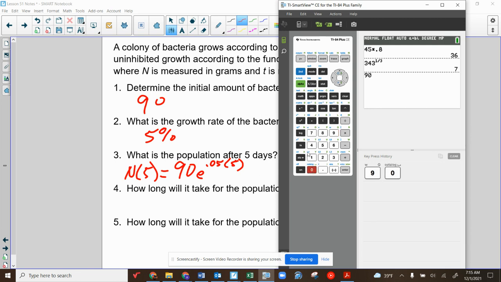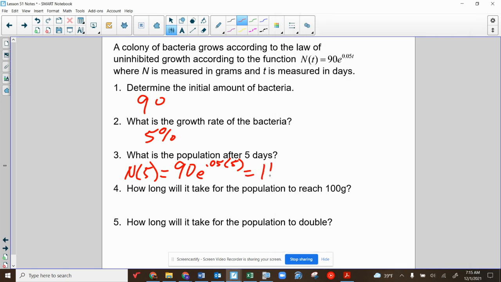So 90, your E button here is right above ln, and assuming you probably know that at this point. 0.05 times 5. So we get 115.56. Because in the original problem N is measured in grams, we can go ahead and make that a decimal. And I'm just going to round to one decimal place, so I'm going to say 115.6.